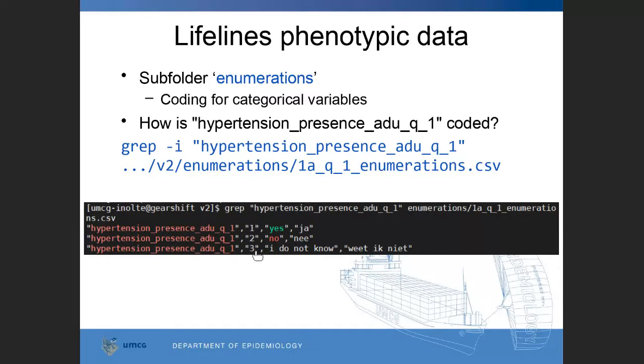This will be the result, saying that hypertension presence in adults from questionnaire 1 is coded as a 1 to 3 variable, where 1 means yes, I do have hypertension, 2, I don't have hypertension, and 3, I don't know.